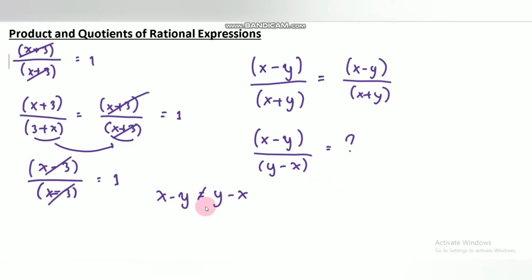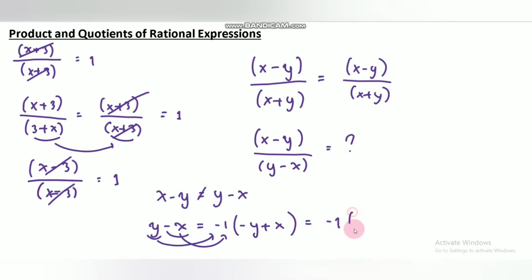But if I factor out -1 from y minus x, I divide y by -1, it becomes -y, and I divide -x by -1, so it is plus x. So it is the same as -1 times x minus y.